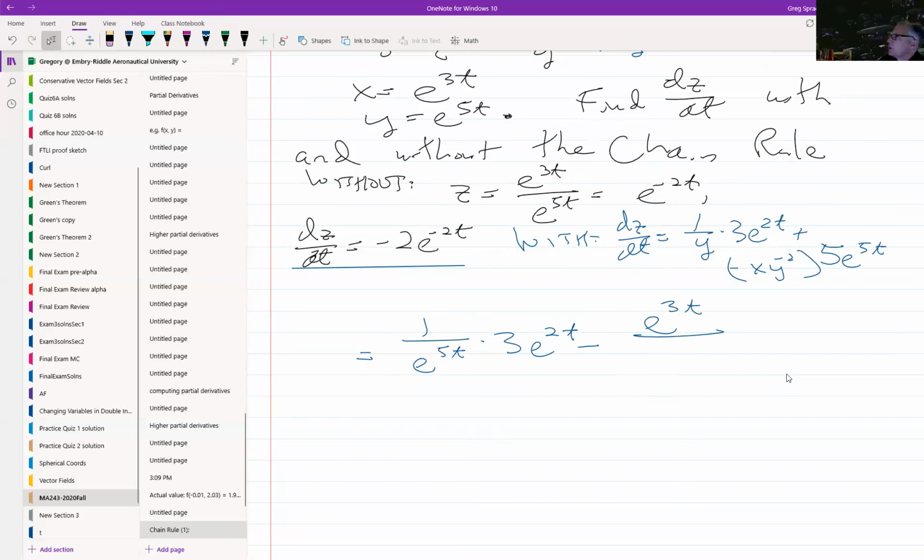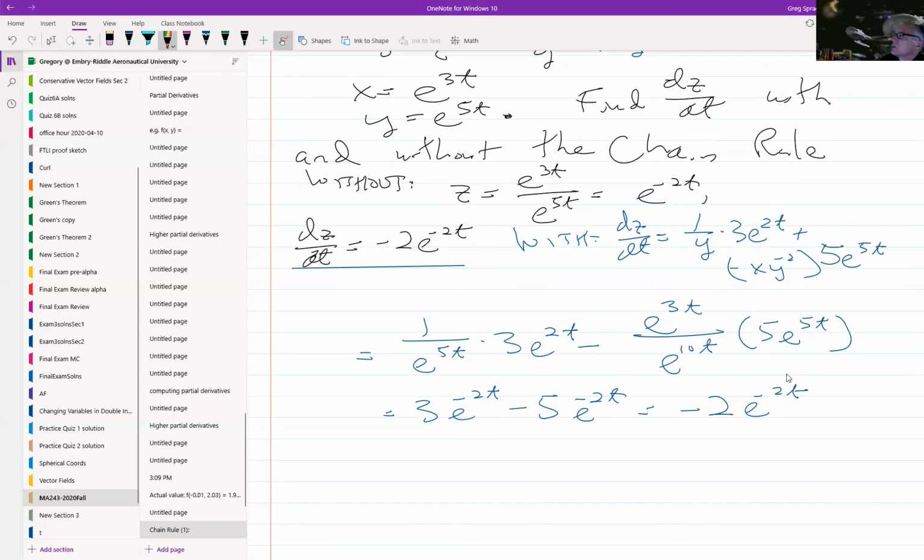Y squared is e to the 10t, 5e to the 5t. This simplifies as 3e to the minus 2t minus 5. The 5 plus 3 minus 10 is negative 2. And I get negative 2e to the minus 2t. So the same answer as before, fortunately.